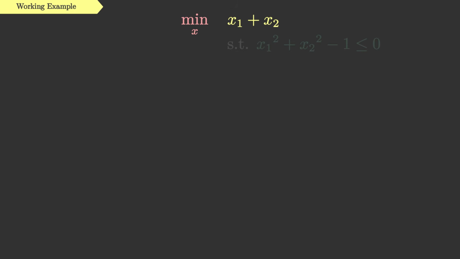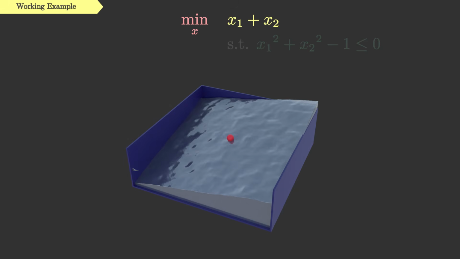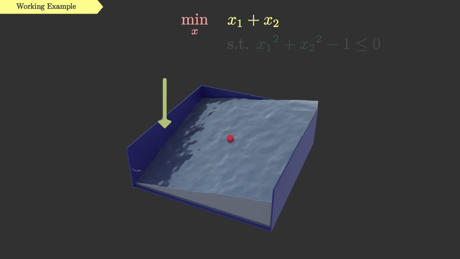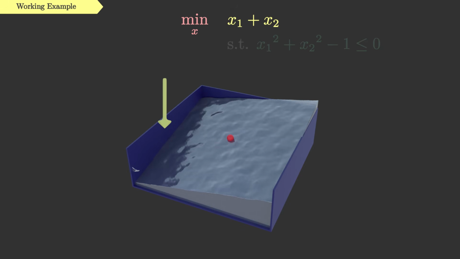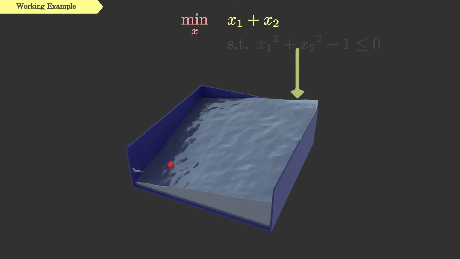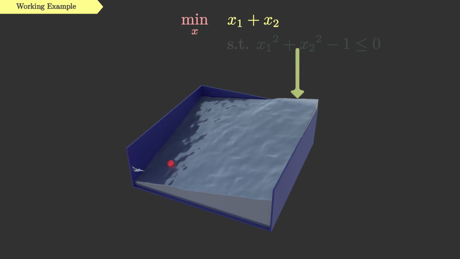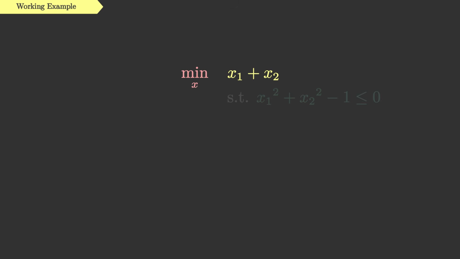A nice way to visualize what is going on in that case is to imagine that the level of the sea is tilted according to the objective function in such a way that low sea levels correspond to low objective values and high sea levels to high objective values. It becomes visually clear that the answer would simply be to steer the ship in the direction of minus C, which matches our intuition. So keep this analogy in mind for later because it will be useful.